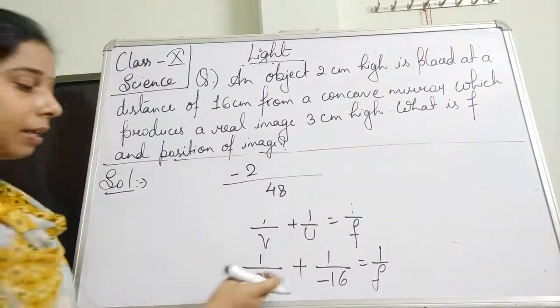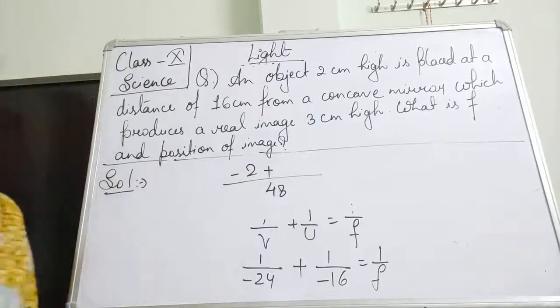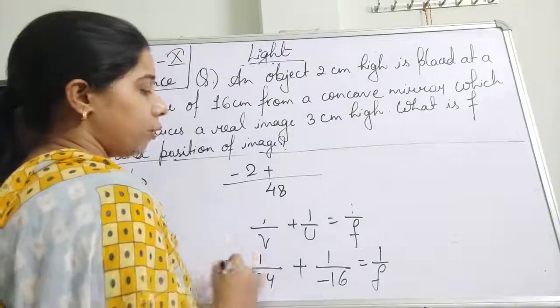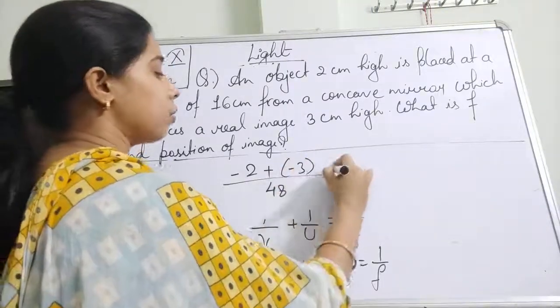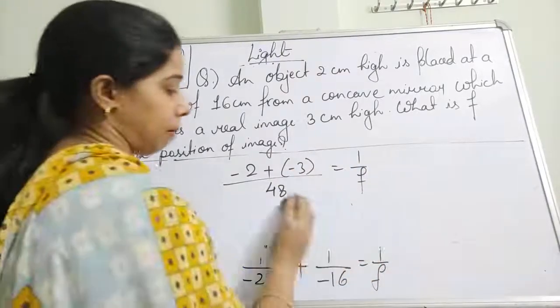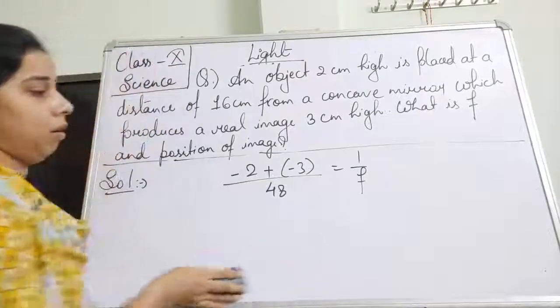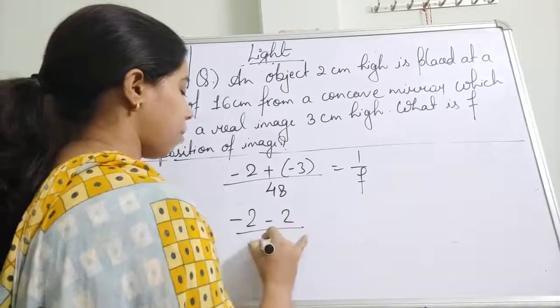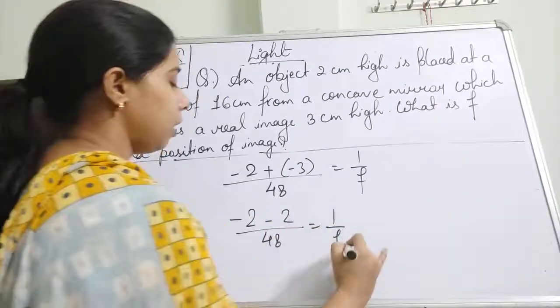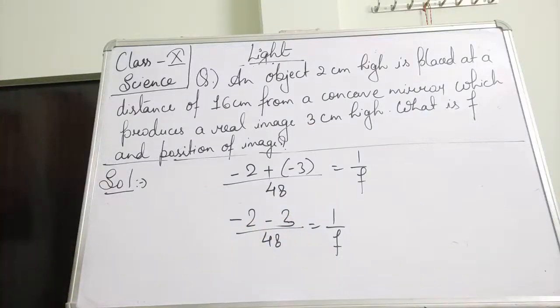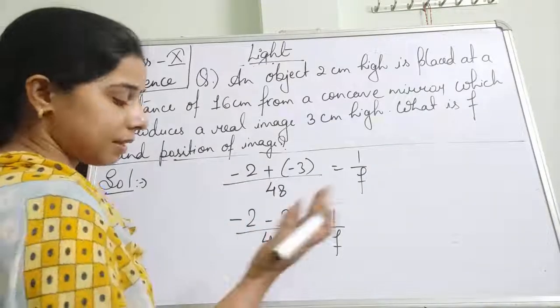Then the other one is also minus, so minus 16 into 3. 48 divided by 16 will be equal to 3. So this will be equal to minus 3, and the sum is equal to 1 by f. Now this we will write as minus 2 minus 3 upon 48 is equal to 1 by f, and the sign will be minus only.